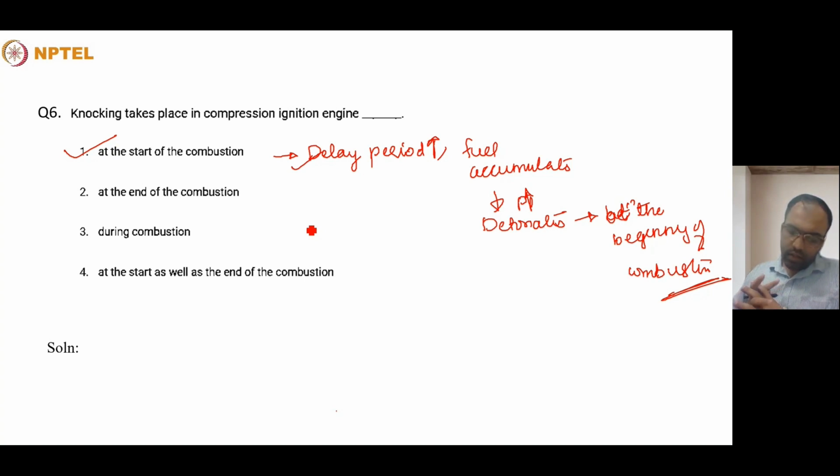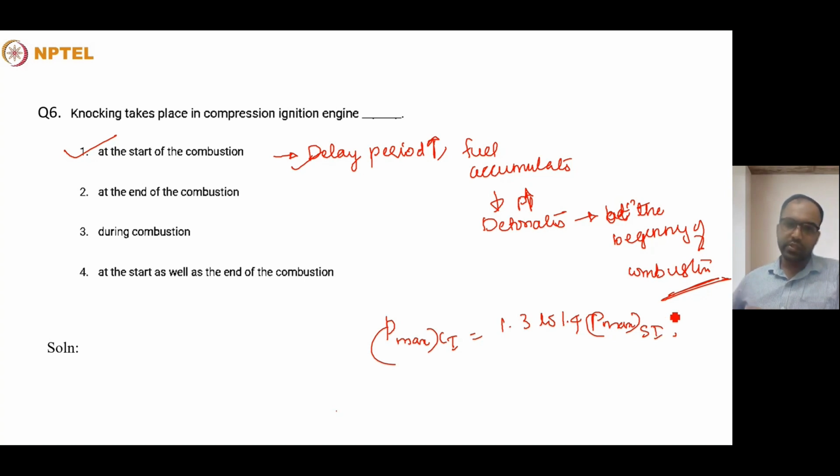But the maximum pressure in the CI engine will be 1.3 to 1.4 times the maximum pressure in the SI engine. The rising pressure in the SI engine is significant compared to the CI engine due to the difference between homogeneous and heterogeneous mixture.